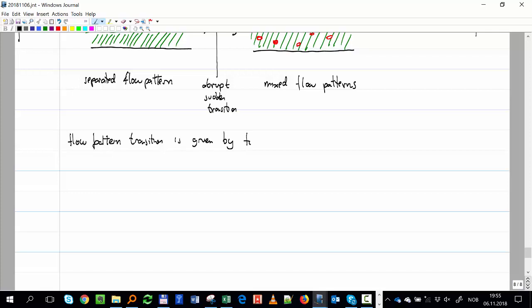Force balance, or force equilibrium, on the phase, either the oil or the gas, depending on the total forces that you have acting on that.